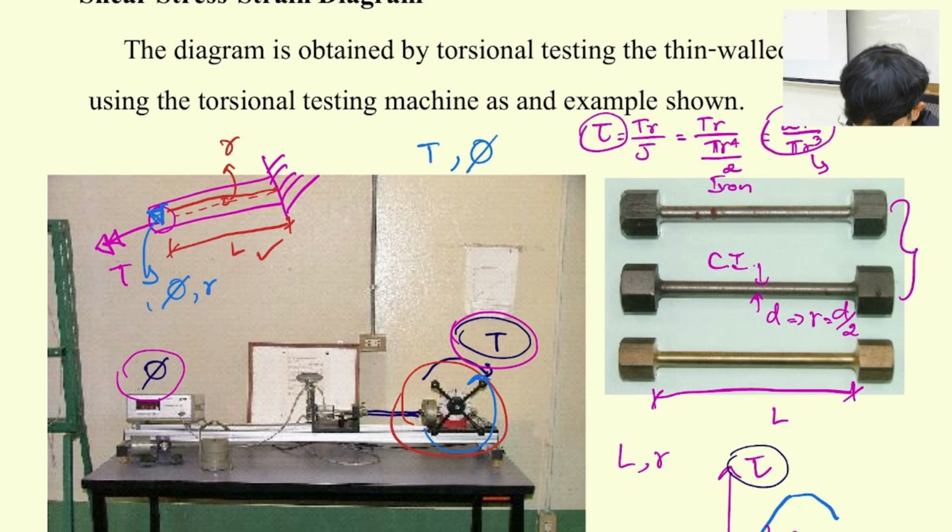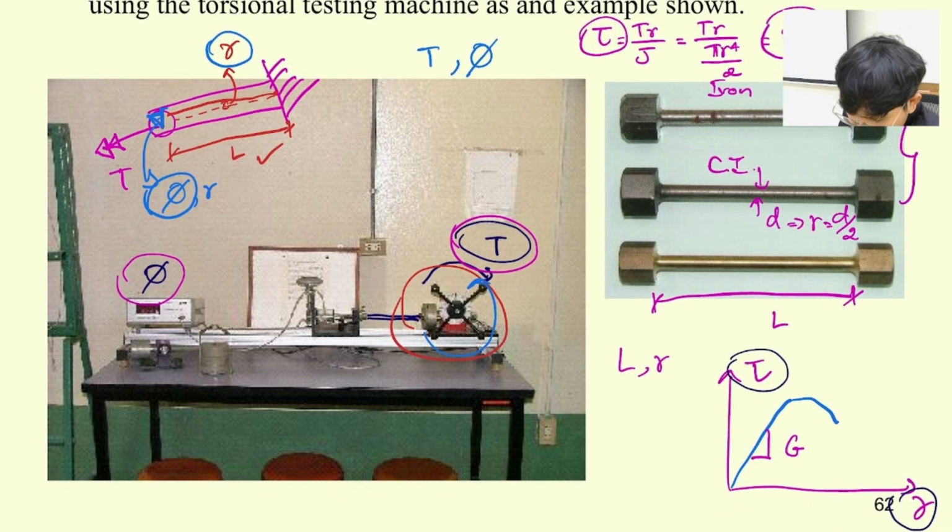So when the angle occurs, it means the shear strain also occurs in the sample. So that's why we put it together: alpha times r equals the shear strain times L. So to get it, shear strain is going to equal alpha times r divided by L. Okay, so this one from material, this one from material, and this one from measurement.